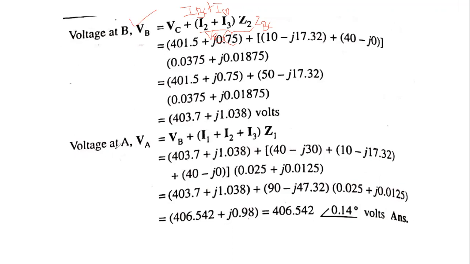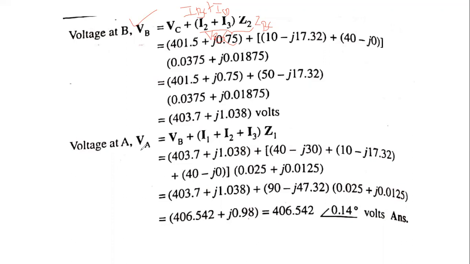Next, we calculate voltage at A. That is, VA is equal to VB plus (I1 plus I2 plus I3) into Z1.